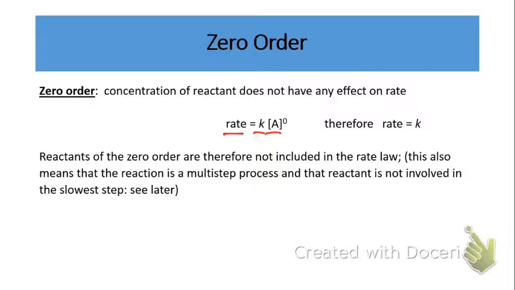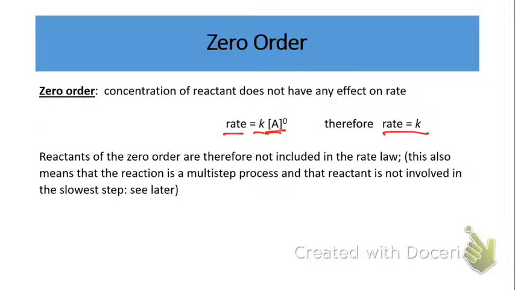Any concentration raised to the zero power is just going to be simply 1. So therefore, the rate expression can be written as the rate is equal to the rate constant. And so in a zero order reaction, we're going to simply drop the reactant concentration to the zero order and just write rate is equal to K.